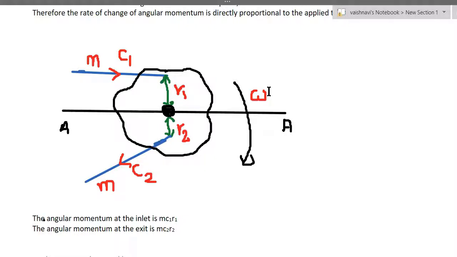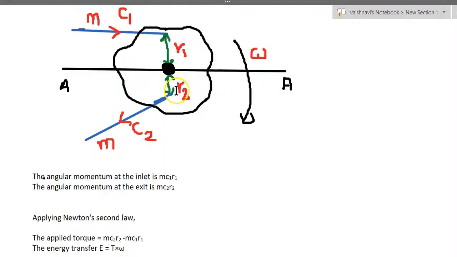I told you earlier that energy transfer takes place only in the rotating components. So what is the energy transfer that happens? How is it calculated and what is the efficient way of calculation? That is what Euler's equation gives us. So we'll derive the equation now. The angular momentum at the inlet is what?